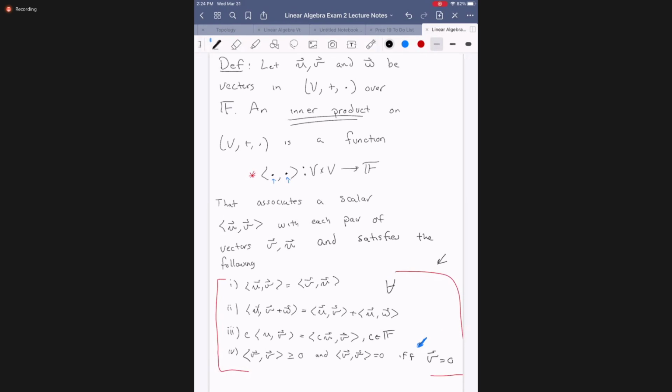So for every u, v, and w, it has to be true. All this has to be true for every single vector in the vector space. So if you can find one vector in the vector space that breaks it, then it immediately is not an inner product. Okay. So taking an example and showing that it breaks it says that that's not an inner product.